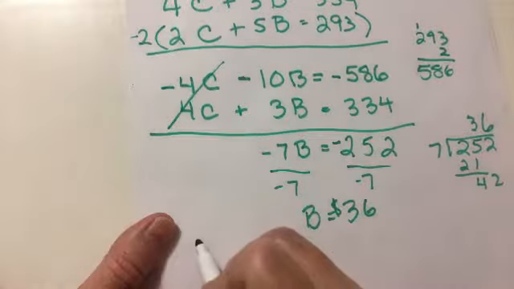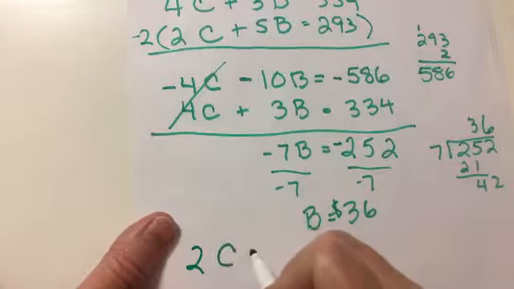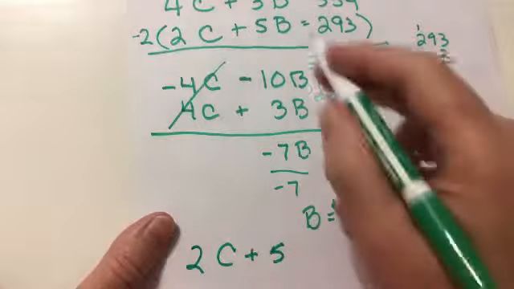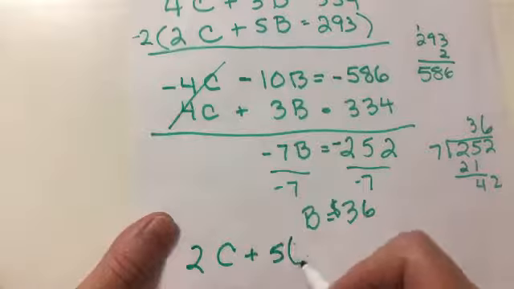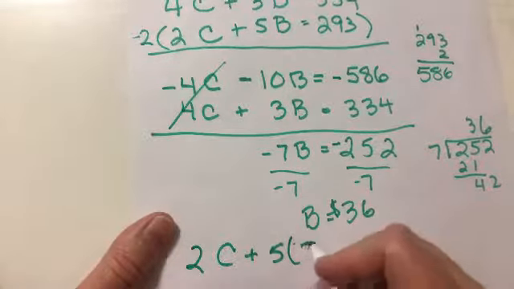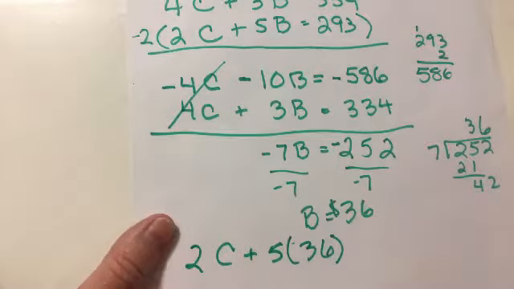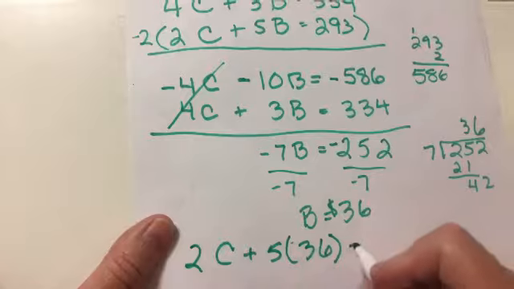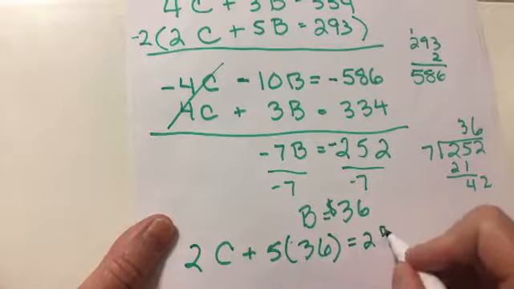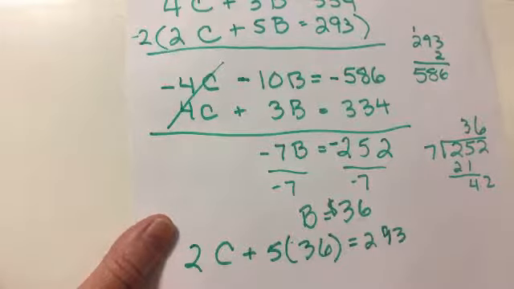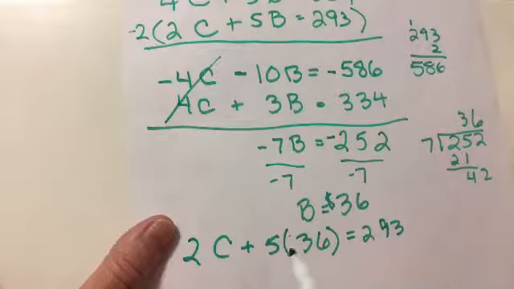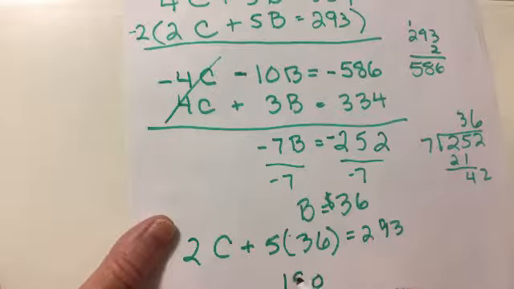Okay, I'm going to go back to 2c plus 5b, but instead of the b, I'm going to plug in my 36 because I'm trying to find out how much the Kenny Chesney tickets are now, is 293. So now when I multiply 6 times 5, I get 30, carry my 3, that's going to be 180.